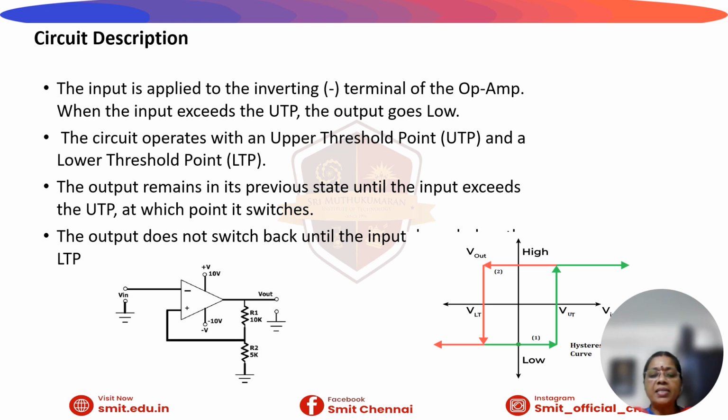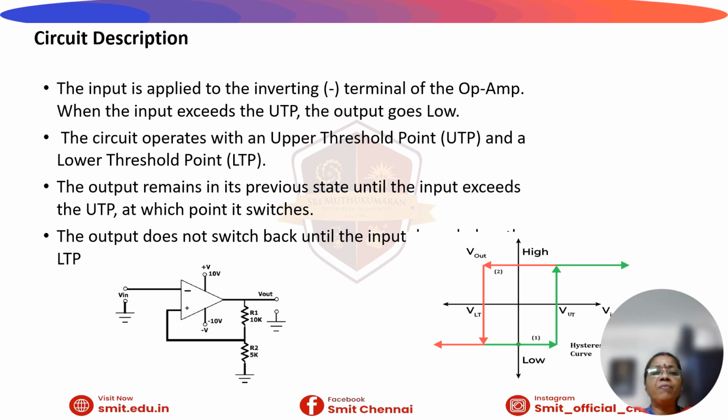When Vin rises above the UTP, the output switches to negative saturation, which is shown in the hysteresis loop in the graph. And when the Vin falls below the LTP, the output switches back to plus Vsat. So the output does not switch back until the input crosses the LTP.